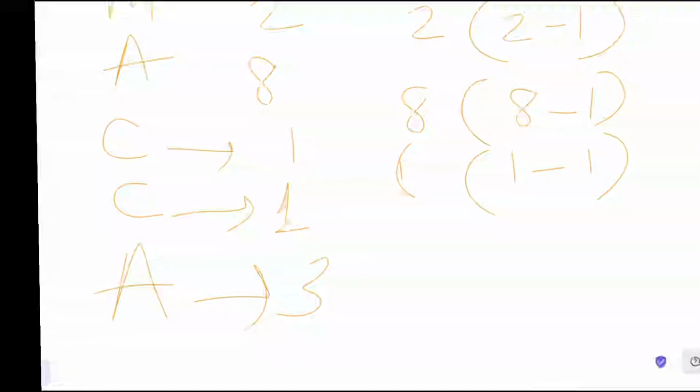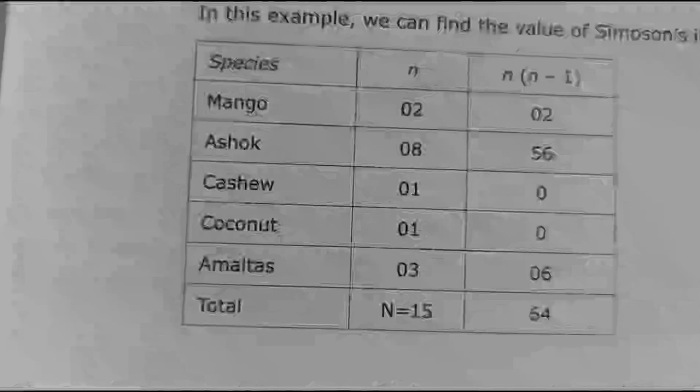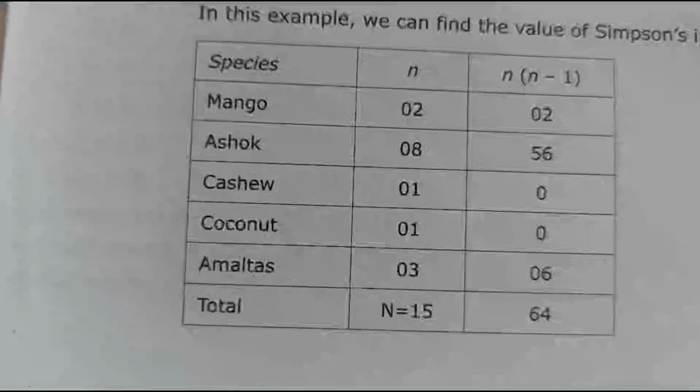So in this way we will calculate where n in bracket n minus 1, and similarly 3 in bracket 3 minus 1. Just calculate the value, and you will get 2, 56, 0, 0, 6, and 64, the final one.